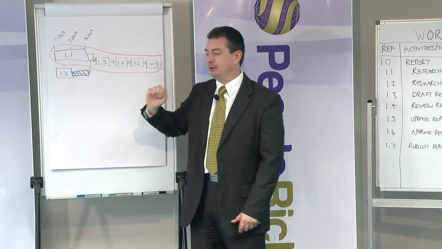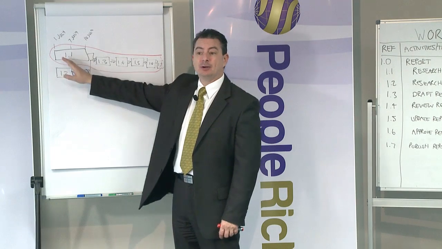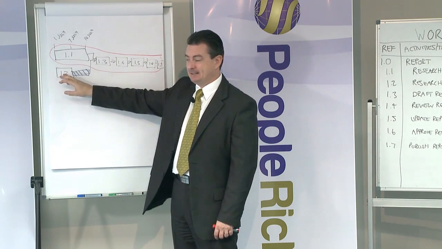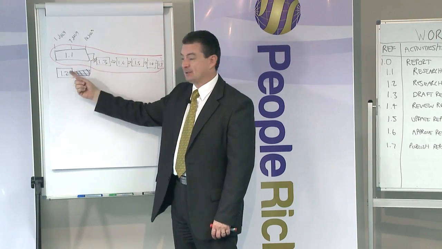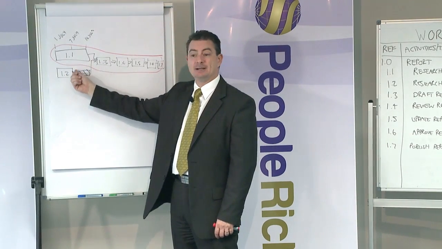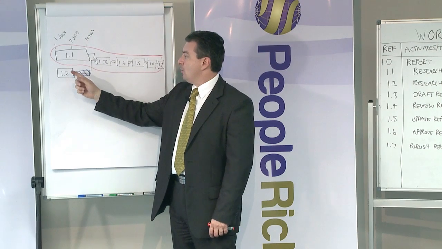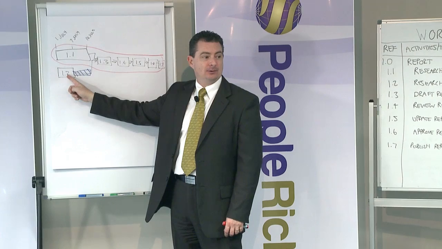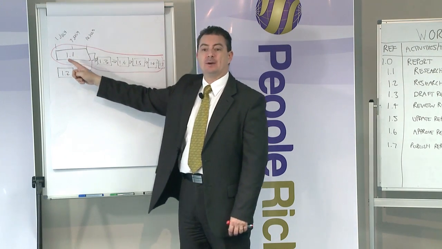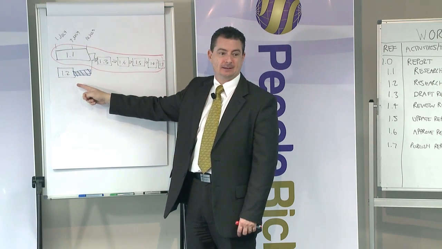So what we're trying to do is, anytime we look at the first time we can start a task, any gap at the end of it, because this was 2 weeks long, this was only 1 week, so we had that concept of float at the end. What's the earliest date I could start 1.2? 1st of July. What other date could I have started it? 7th.